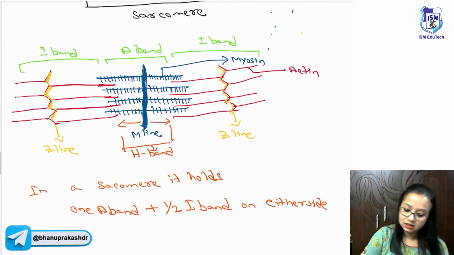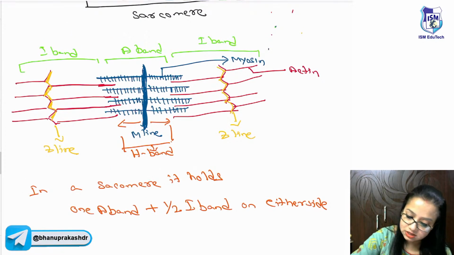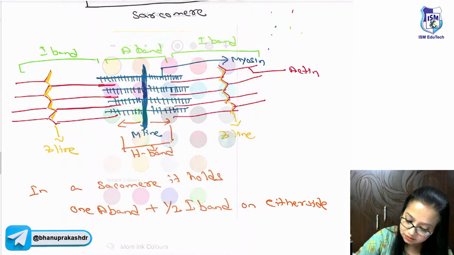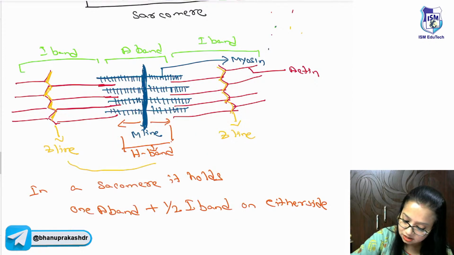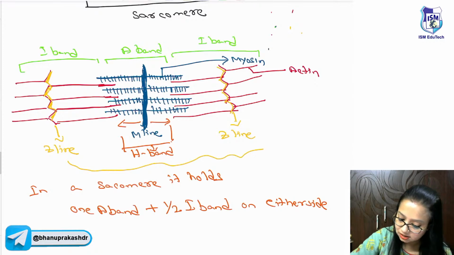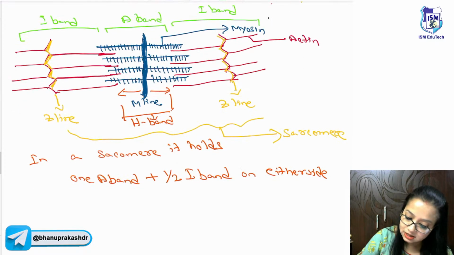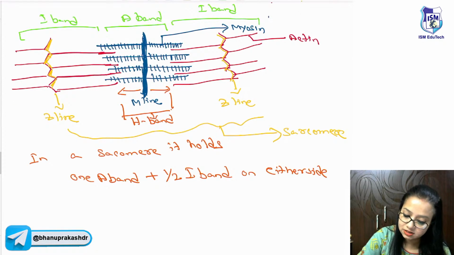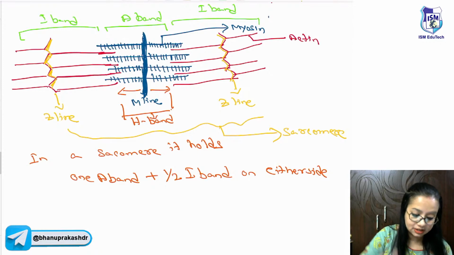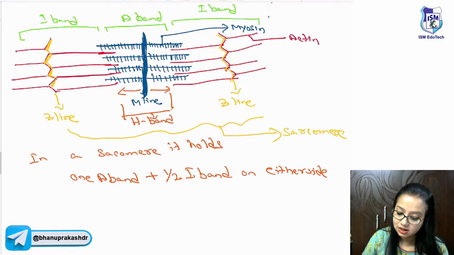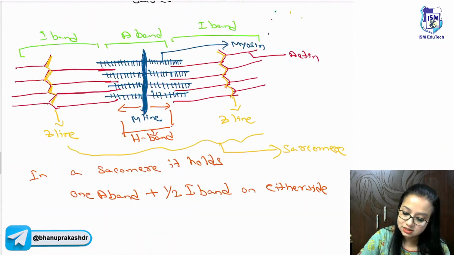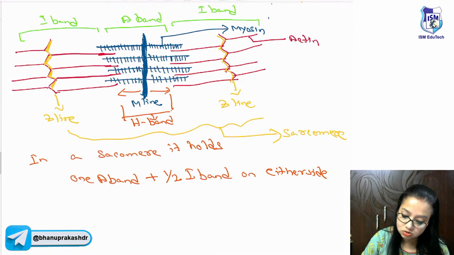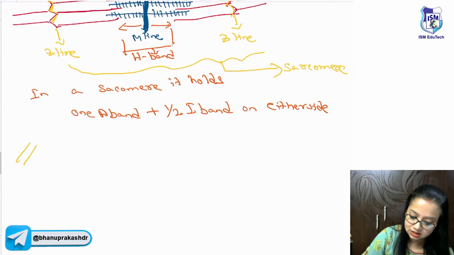So you see here, this is Z line to Z line in a sarcomere. If you look at the picture, you will understand what I mean. This whole thing is the sarcomere. So Z line has half of the I band on the right side and the left side, and it has one A band. And this is in the resting condition.